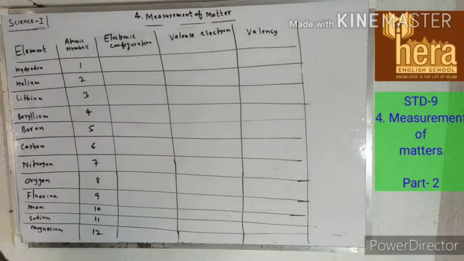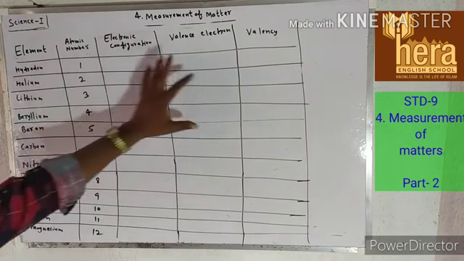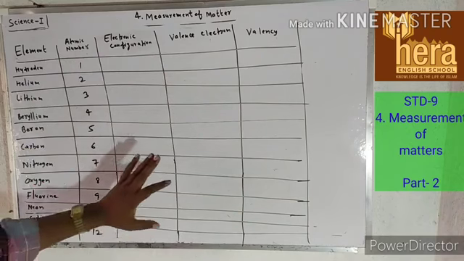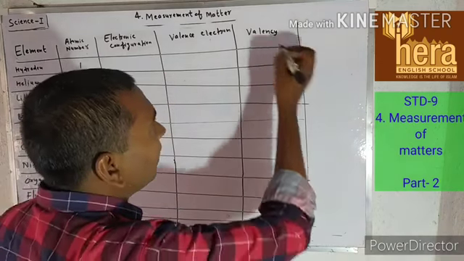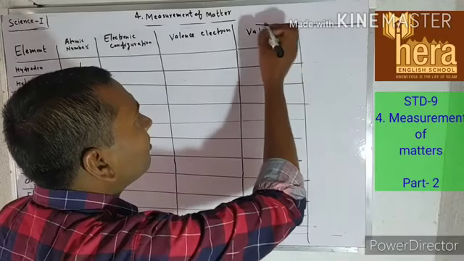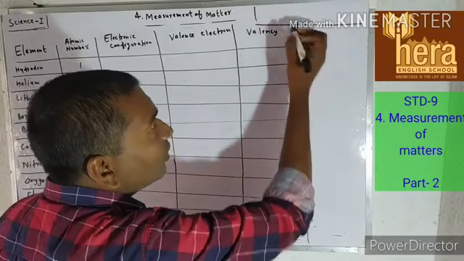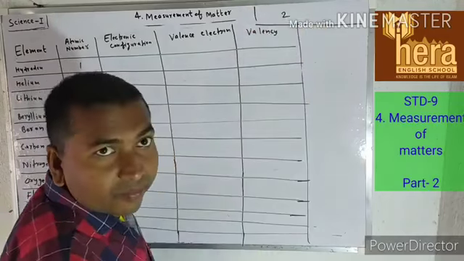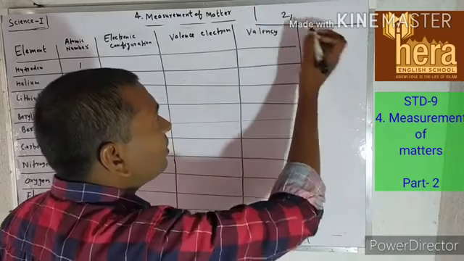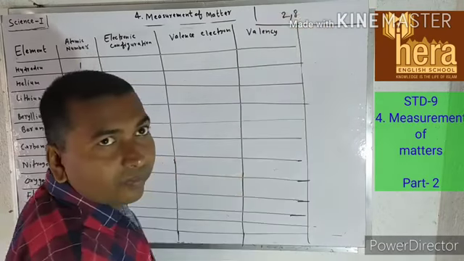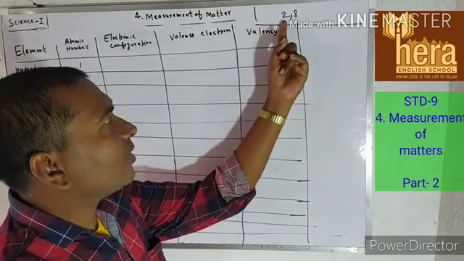One table is given on page number 54, so you have to complete the table, okay? So students, always remember, in the first orbit, maximum 2 electrons can stay. Second orbit, 8 electrons. In the first orbit, maximum 2 electrons.